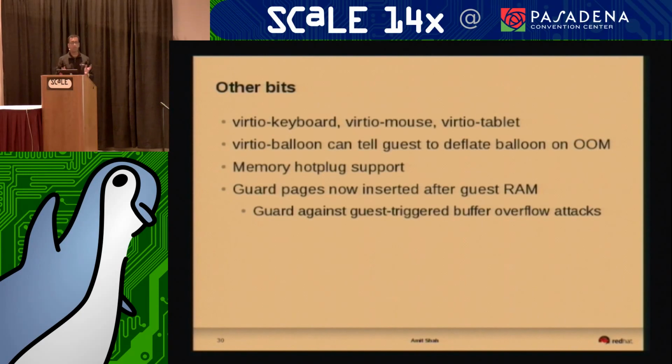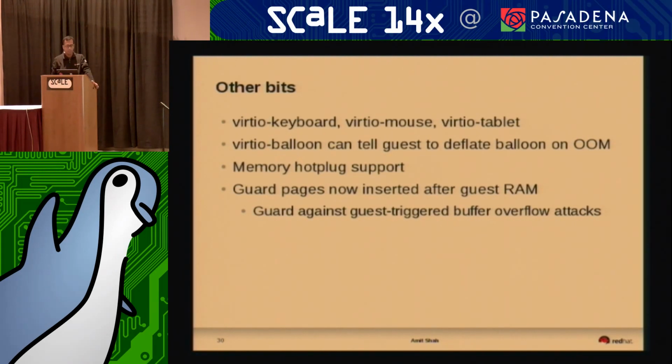VirtIO balloon, the balloon device, is used for overcommit. A balloon device can allocate RAM in the guest and give it off to the host, and the guest can't use that RAM. The host starts using it, maybe giving it to other guests and so on.